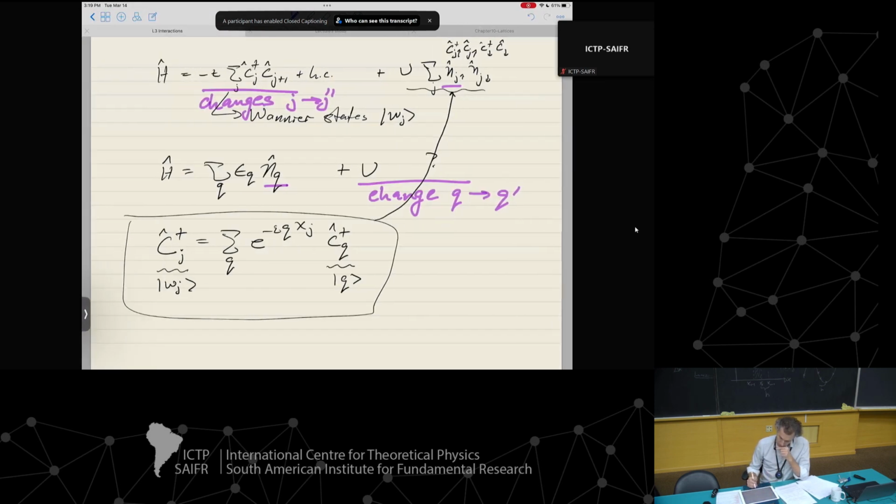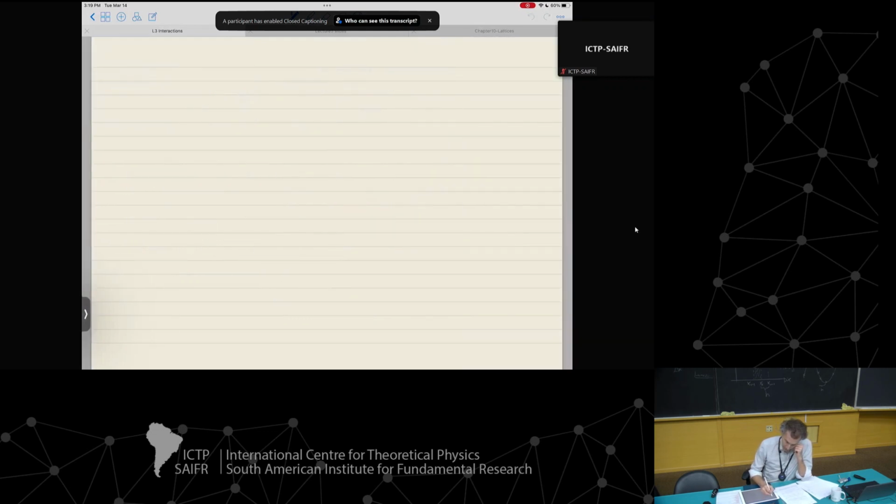So I want to remind you that when I have energy versus quasi-momentum, and it looks like this kind of cosine thing, then we found there was a thing called group velocity.